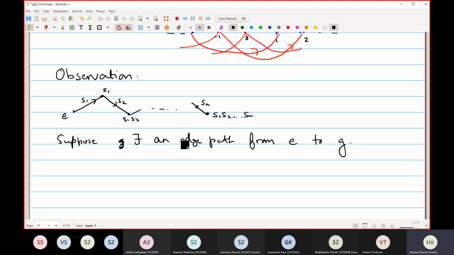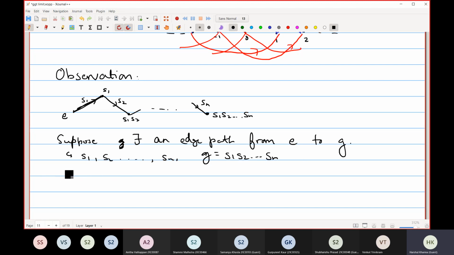And this edge path must have some labels and orders, right? Because we are essentially labeling the edges. So suppose in order, the labels were S1, then S2, till Sn. Then from the diagram above, it is clear that G is indeed equal to S1, S2 multiplication till Sn.